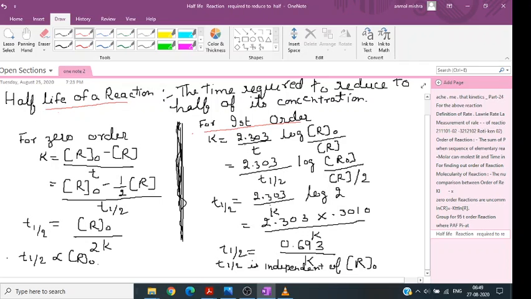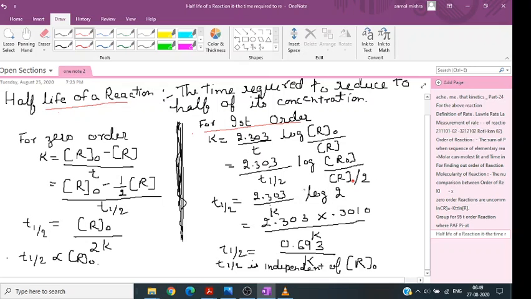Now for first order reaction, the expression is k is equal to 2.303 by t log R0 by R. By substituting the value of R as R0 by 2, we get 2.303 by t half log of R0 by R0 by 2.